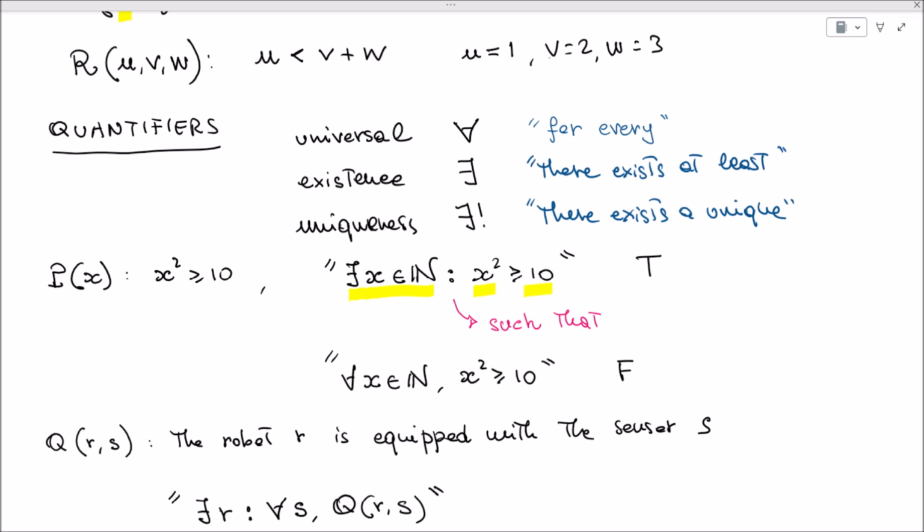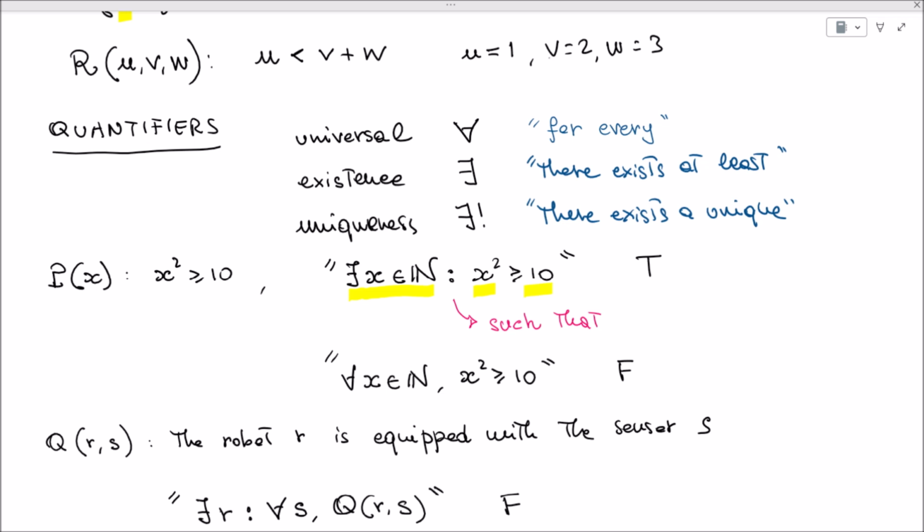So we are saying there exists at least one robot that, for every sensor you consider, is mounted on that robot. And this is something which is likely to be false, because we cannot expect that there is one robot that uses all possible sensors available.